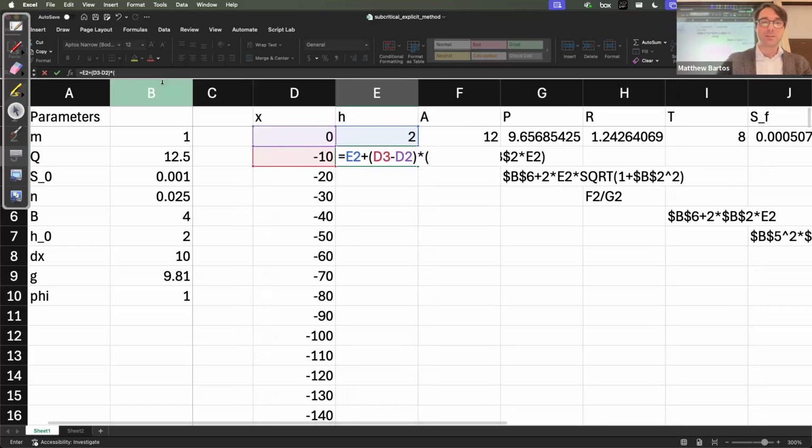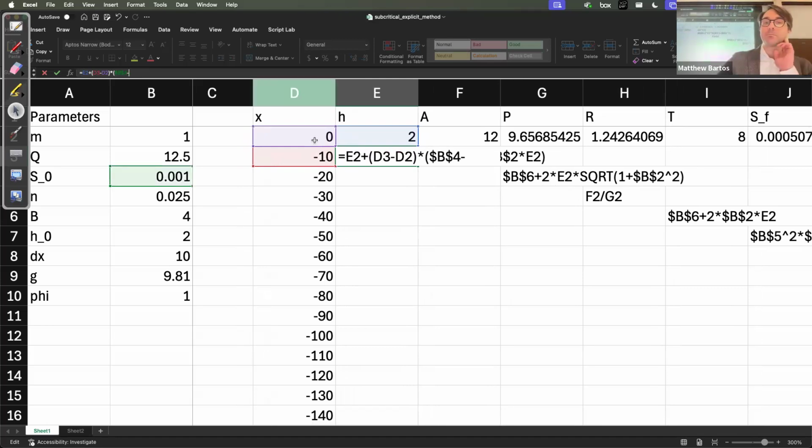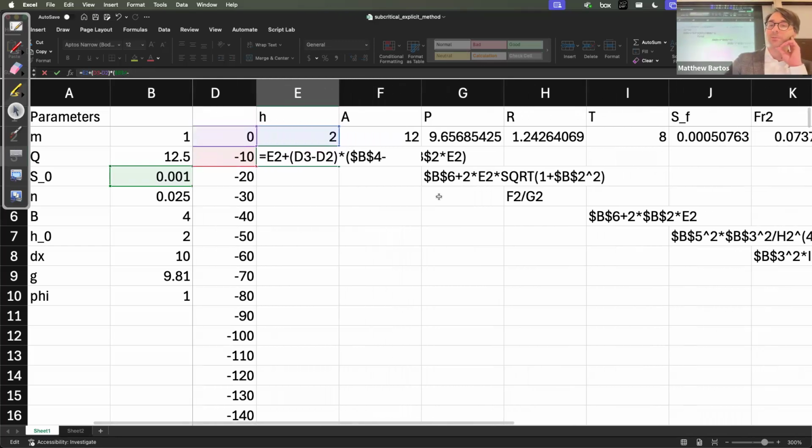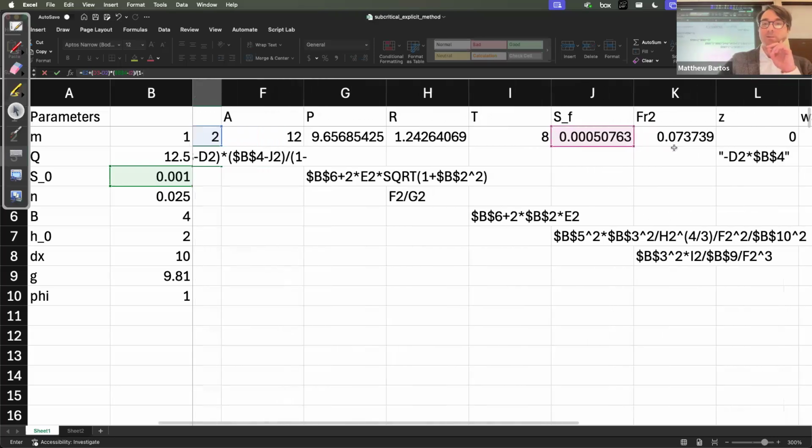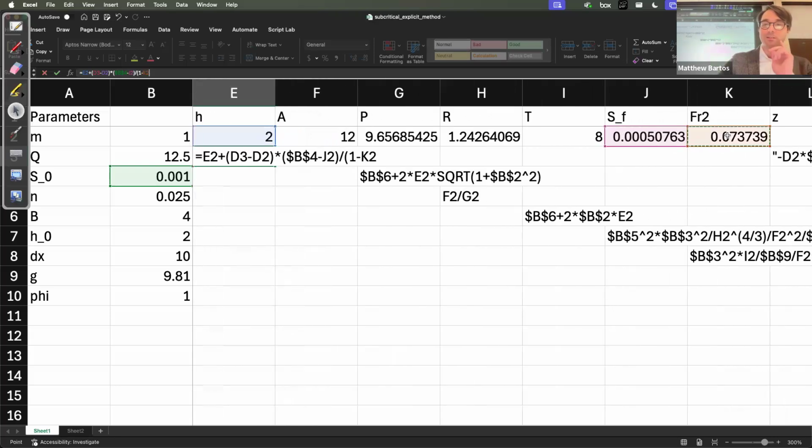So that's going to be absolute cell reference B4 minus the friction slope that we computed previously. So that's J2. All divided by 1 minus the Froude number squared that we computed previously. And note that we don't need to square this K2 because it's already squared in our formula.